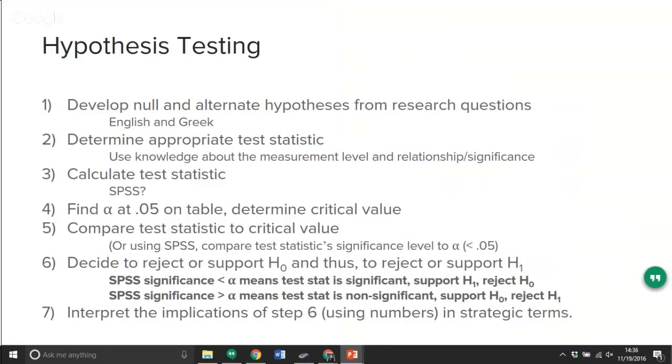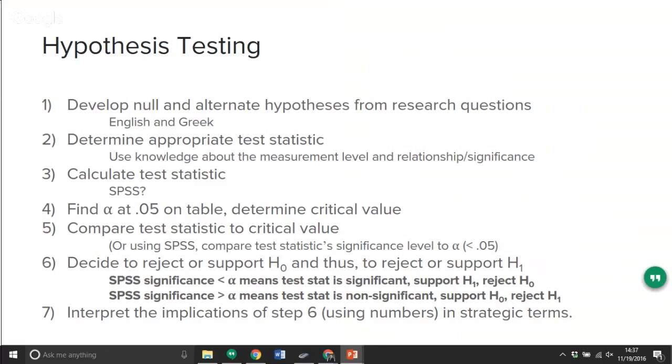So if the p-value, the significance value, is less than alpha, which we typically set to 0.05, and the reason we typically set it to 0.05 is because it means that if we sample the population 100 times, we would expect to see a similar result 95 out of 100 times. So it's not necessarily saying that we are 95% certain.